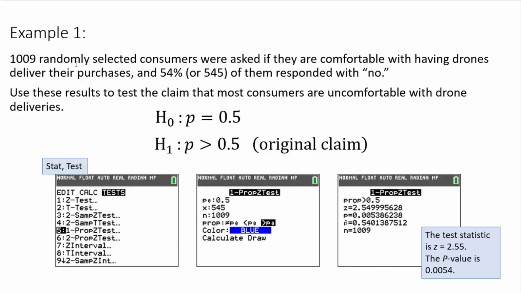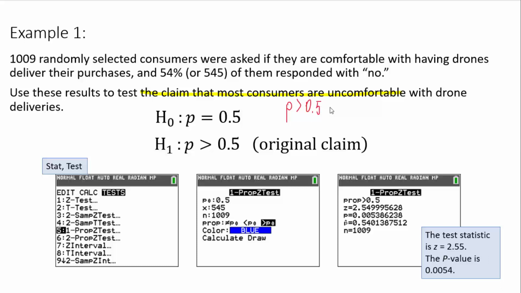Now this first part is the exact same problem. We've just gone ahead and written some extra stuff on here. Our claim that we are testing is the claim that most consumers are uncomfortable. Most has to be greater than half. So we are testing the claim that P is greater than 0.5.